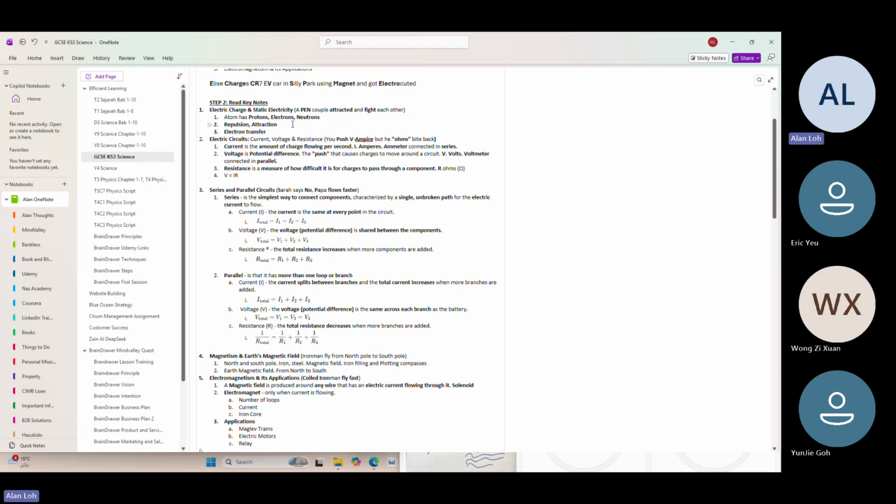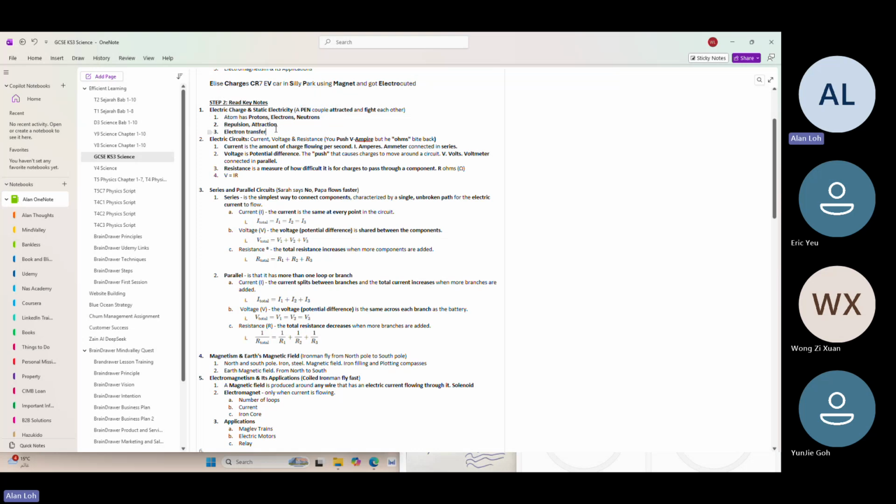That means attractions. And also sometimes they fight with each other. That means repulsions. This story is to help you to remember the key information inside drawer number 1, by just imagining that there are two items in drawer number 1, blue pen, pink pen.